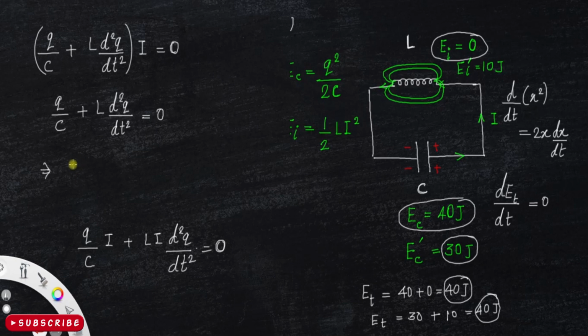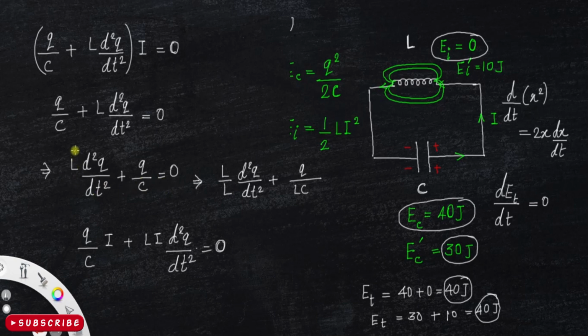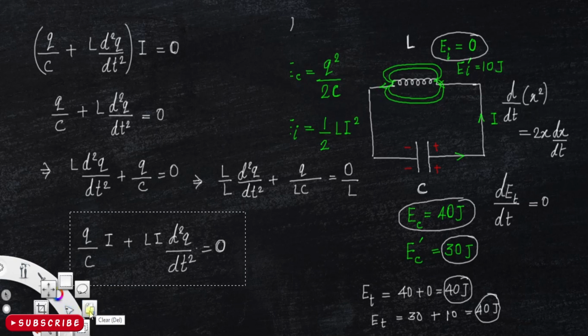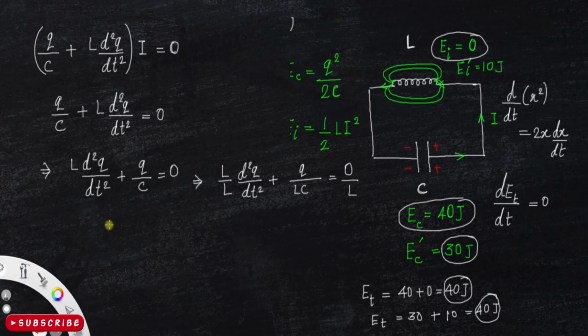Now I can rewrite this as L d square q by dt square plus q by c equal to 0, which implies divide the whole term by L. Then we have L by L d square q by dt square plus q by LC is equal to 0 divided by L. So this L and L will get cancelled.